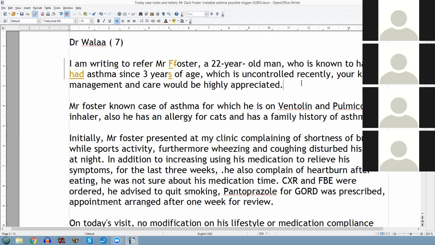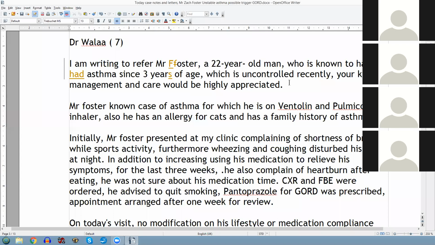"Your kind management and care would be highly appreciated." So we've got 4 clauses in a single sentence. It's a bit complicated. We've got 2 relative clauses in the sentence. That's non-defining, so we could take it out: "which is uncontrolled recently." "Your kind management and care." Well, the task doesn't ask for management and care, does it?